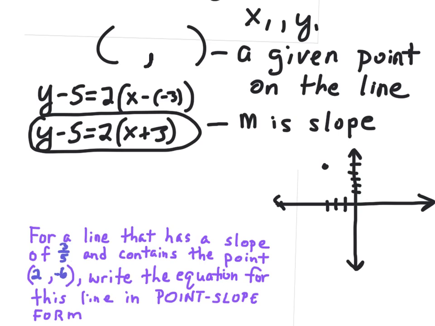So that's where the point negative 3, 5 is. Everybody agree? Yeah. My slope is 2, so to graph this line, I would go up 2, over 1, and that's where I'd make another point, and that's what the line would look like for that equation.